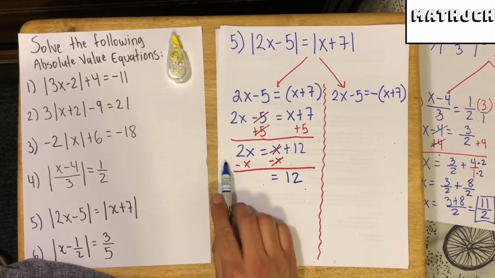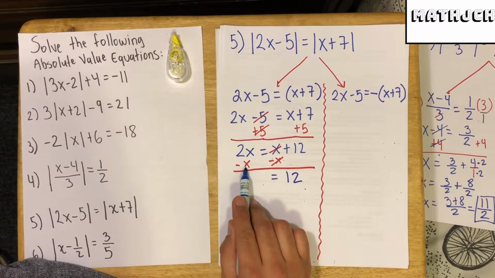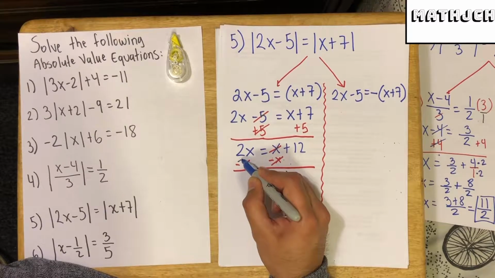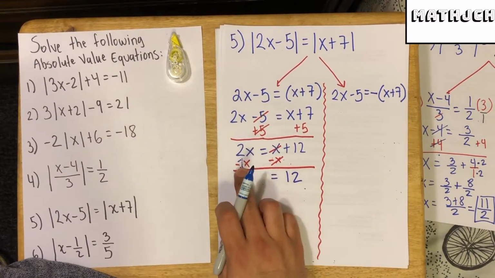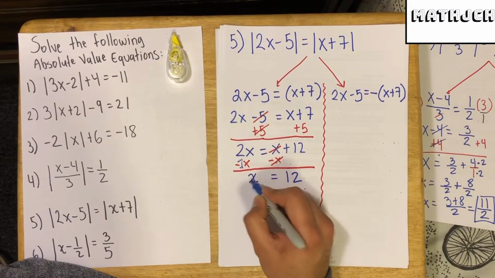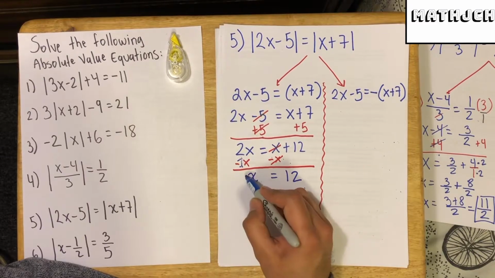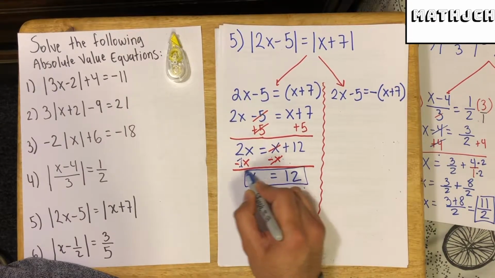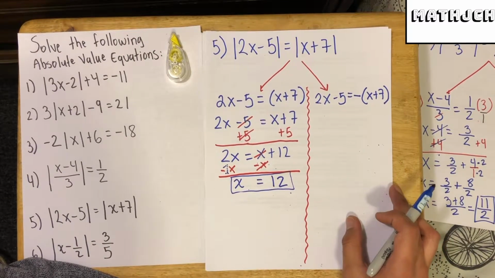On the left side, I could combine 2x and negative x. This negative x is like if I have negative 1x. So 2x minus 1x is simply 1x, or just x. So we already solved it. X equals 12. That's my first solution. Now, let's go into case number 2.